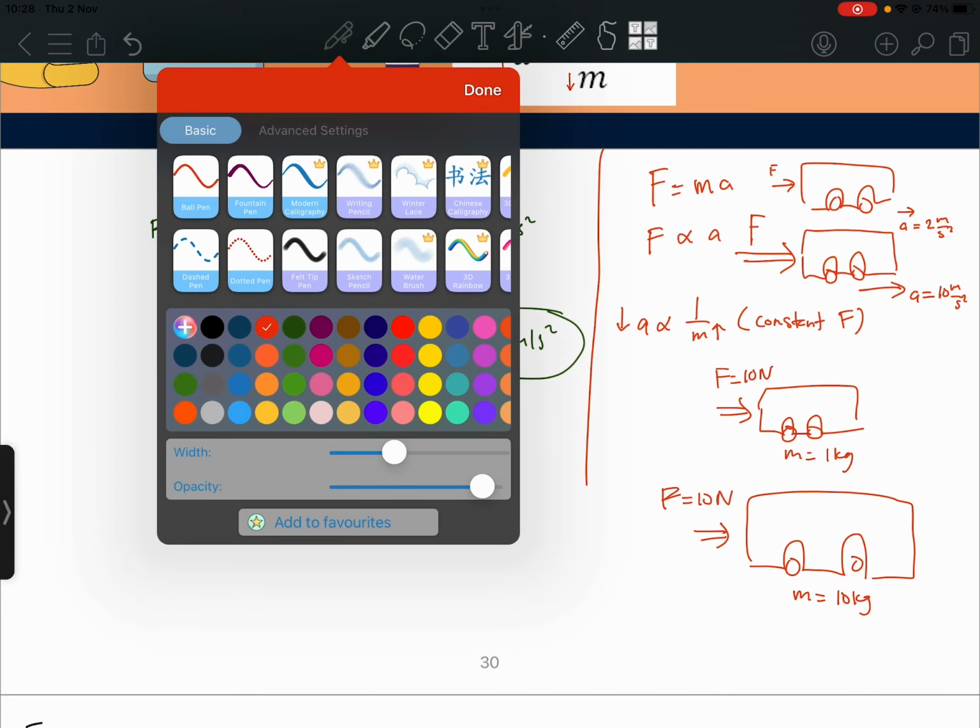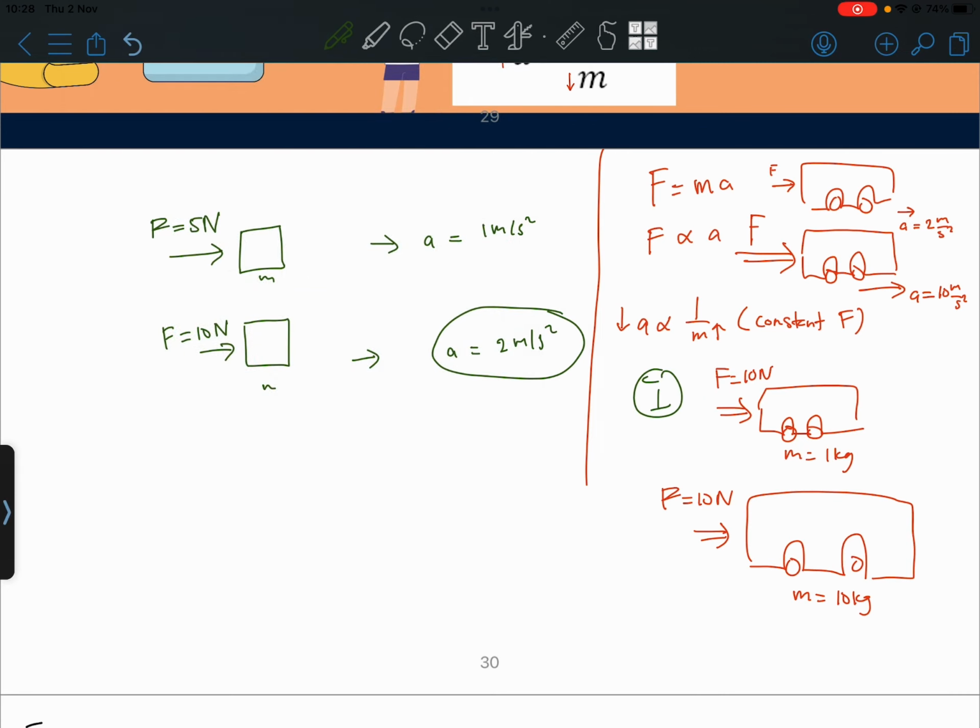So I want to ask you, between case 1 and case 2, if you push both of them with 10 Newton, and the masses are 1 kilo and 10 kilogram, which one will move faster? Of course the lighter one. This will have higher acceleration, for example 10 meter per second square, and that one is 1 meter per second square.